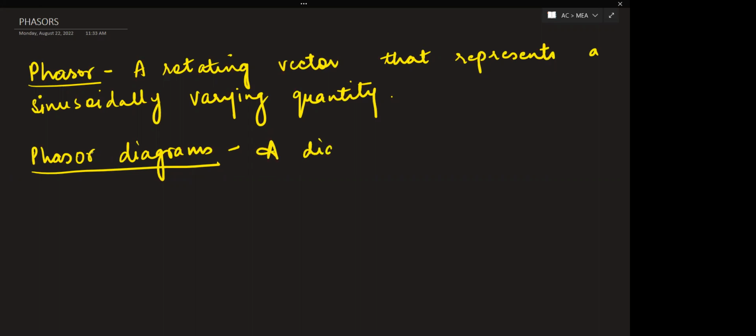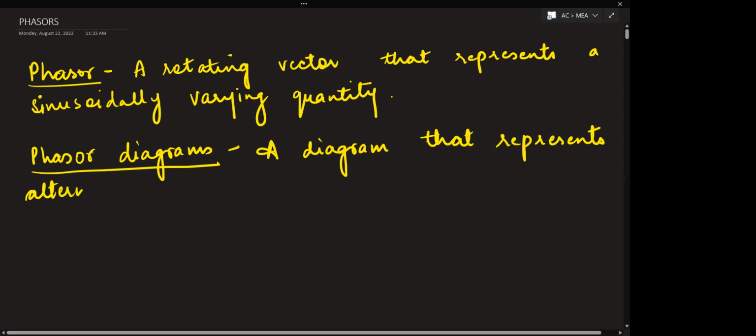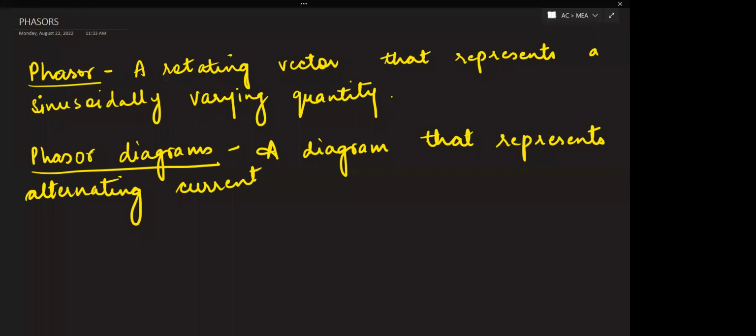It's a diagram that represents alternating current and voltage, EMF and AC.